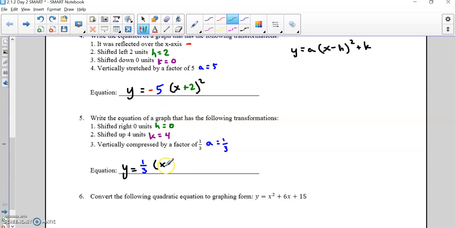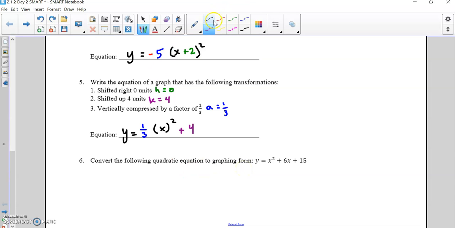As we did up top, you're welcome to write -0, or you can even write +0, but I'm just going to leave it out. Okay, so because it's a 0, it might as well not even be there. You can write the parentheses around the x or not, that's also up to you. If there's no h, that doesn't matter. And lastly, we have a k value of +4, so I'll do +4 on the end.